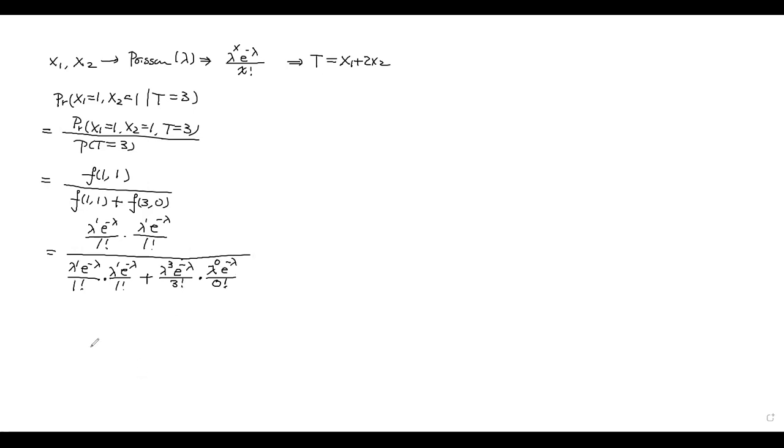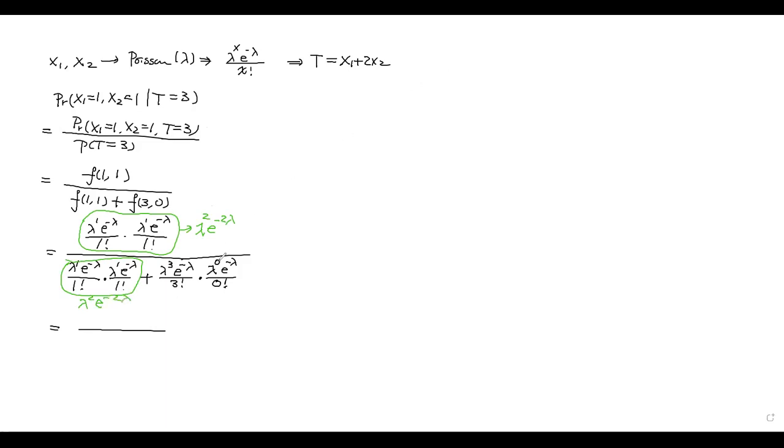Now let's combine a little bit. This term I can simplify to lambda squared e to the negative 2 lambda. The same thing here, this is the same term, so it simplifies to lambda squared e to the negative 2 lambda.